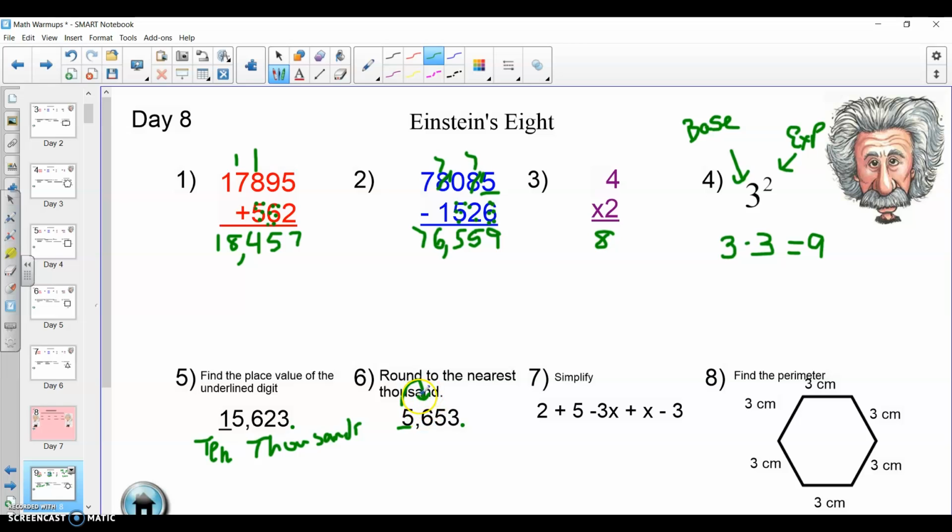Yeah, so the neighbor's higher than 5, you're going to plus 1. So if it's 0 through 4, the underlying number you keep. But if it's a 5, 6, 7, 8, 9, which in this case it's a 6, so you're going to take the underlying number and you're going to add a 1 to it. So here's the underlying number. What's 5 plus 1? What happens to all numbers after?